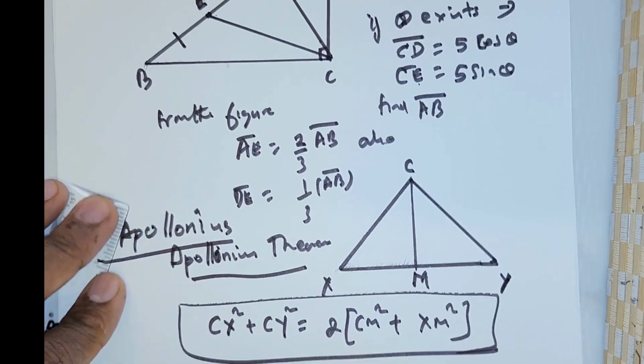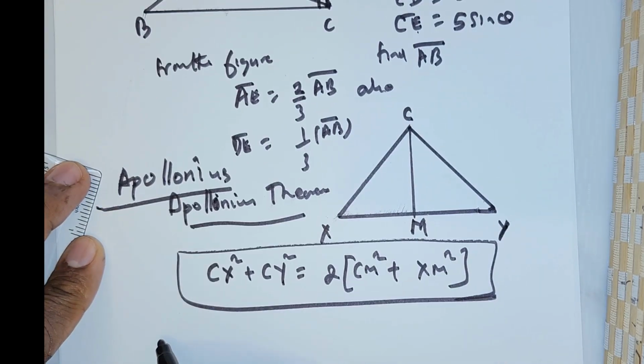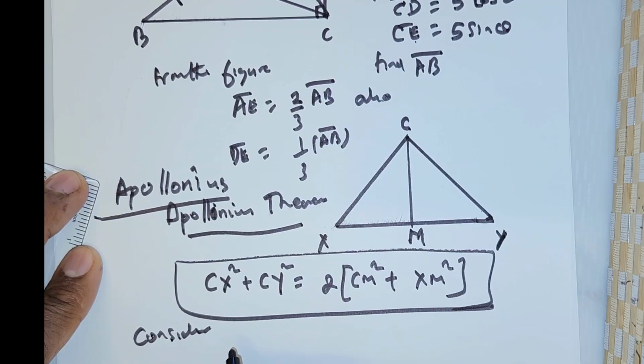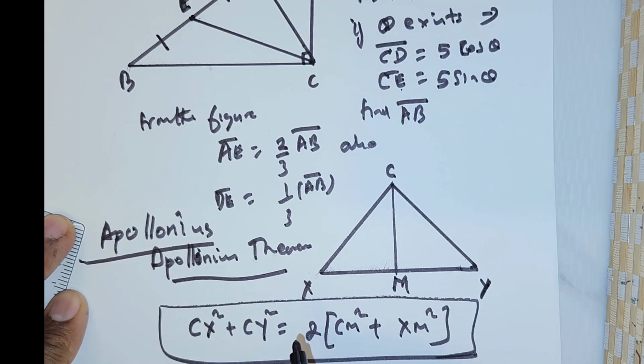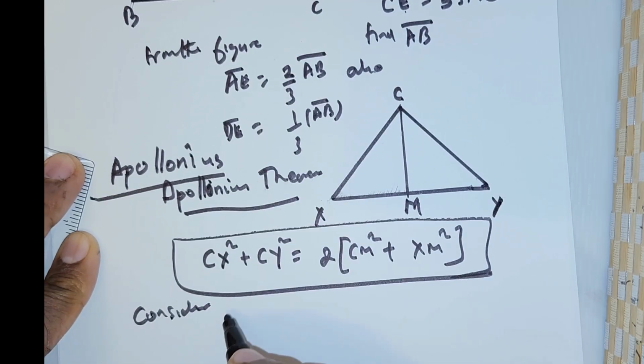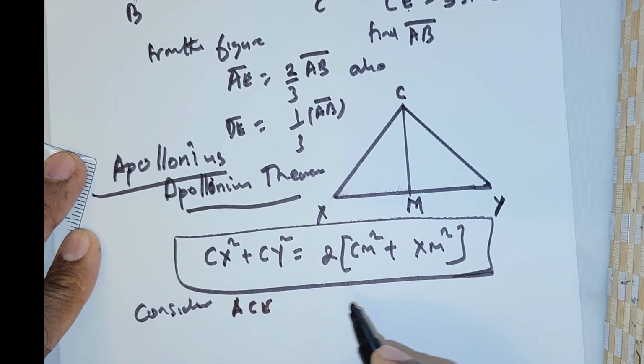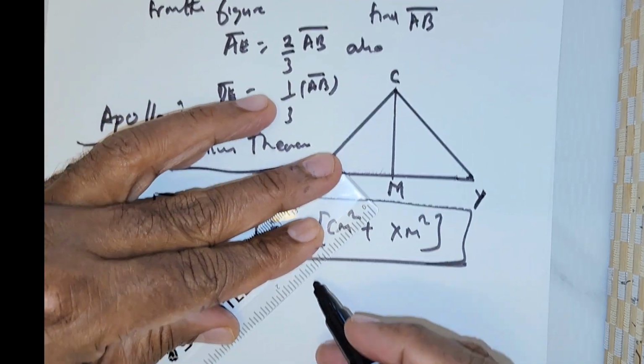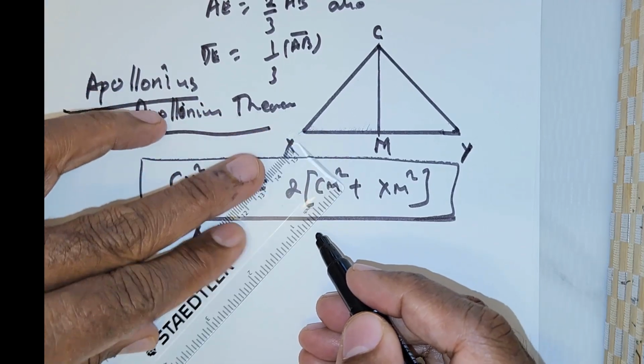So for that, what I would do is, foremost I would consider triangle, say ACE. So let me draw ACE.